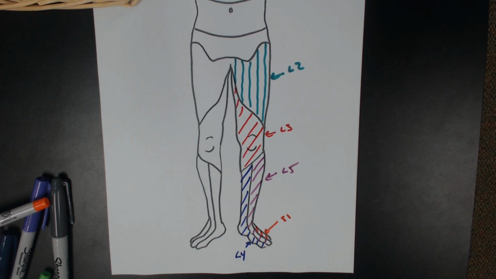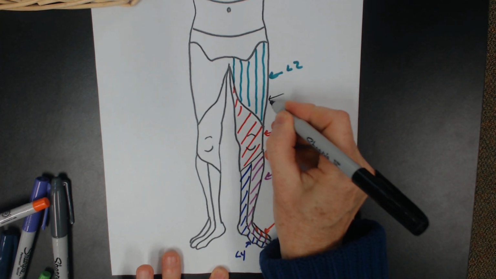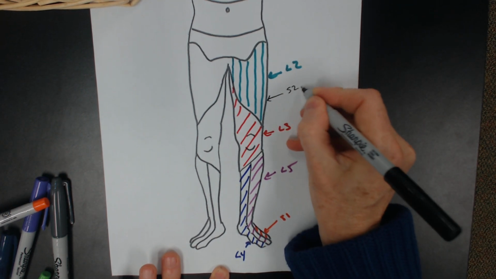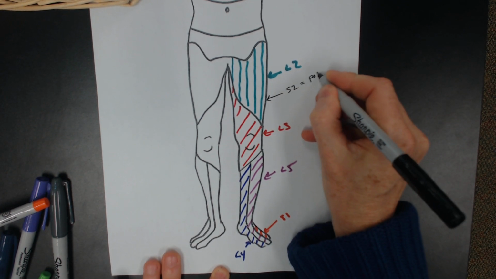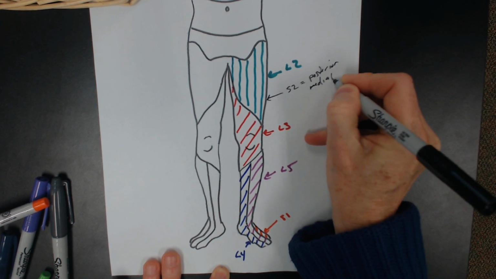And hopefully this is just a review. What you're not going to be able to see, for S2, is that it's just going to be posterior medial thigh. So I'm just going to put this arrow here because you'd have to see the posterior. So S2 is going to be posterior medial thigh.